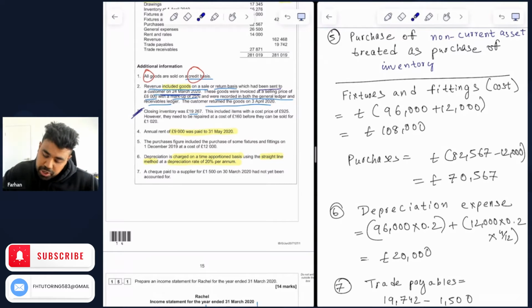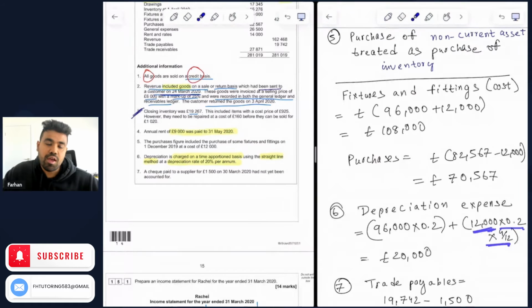If you want to find the depreciation expense for the fixtures and fittings, given that we are using the straight line method, you're taking the original cost of £96,000 that we know to begin with, and then multiply 20%. But then there is another section towards it. We know that we have purchased an additional £12,000, which wasn't factored in. So 12,000 multiplied with 0.2, which is the same as 20%, and then we multiply a further 4/12.